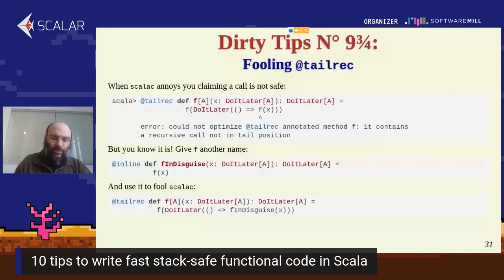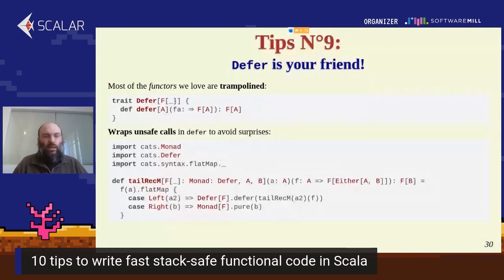A small trick, one of the last: if you want to keep the tailrec annotation, but your function is not tail-recursive, and in some situations it's legitimate to have such a function, like with Defer, where the call is safe because it is gathered by Defer. But of course, it's not tail-recursive.